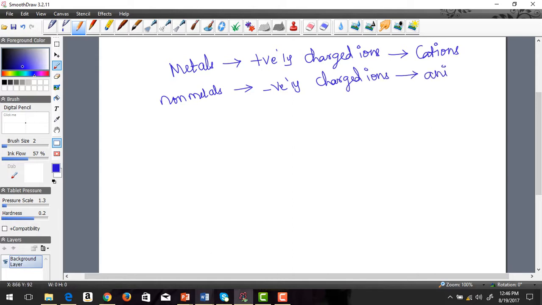Cations means they lose electrons, and anions means they gain electrons.